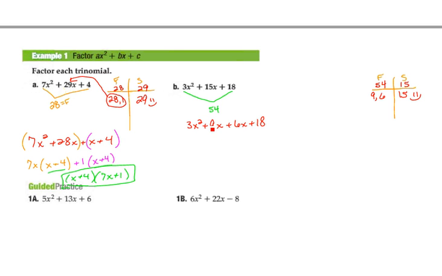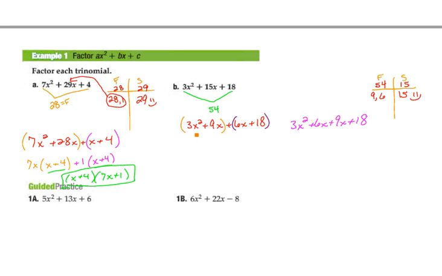So again, keep in mind what I'm doing. I am just pulling apart that 15x so I can factor by grouping. I'm going to write it again over here, so I'm going to do this problem twice with a different color if my pen works. I'm going to do 3x squared plus 6x plus 9x plus 18 to show you how this works. All right, let's go ahead and do some factor by grouping.